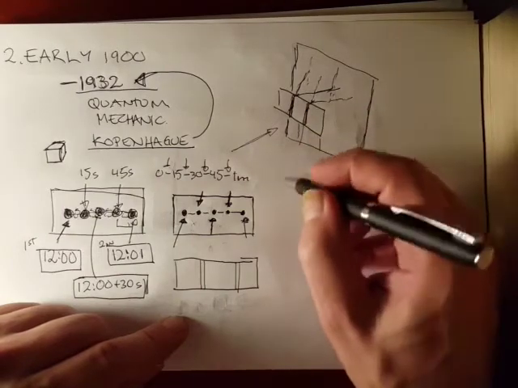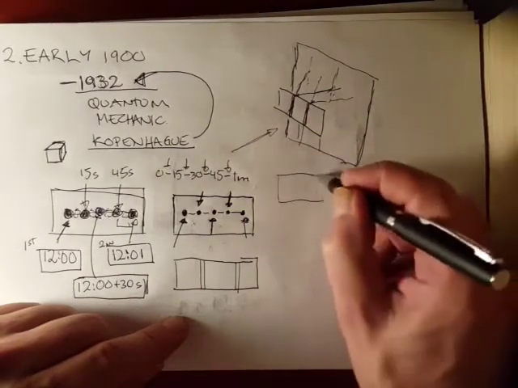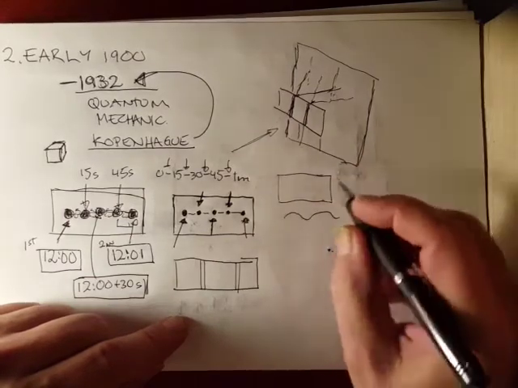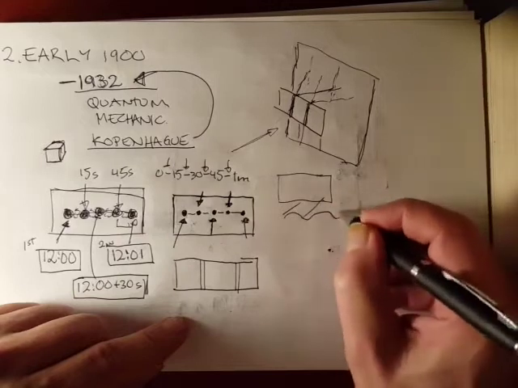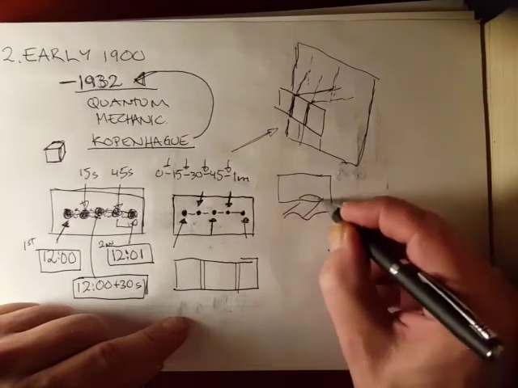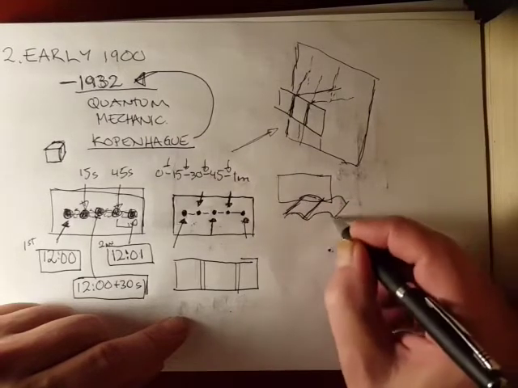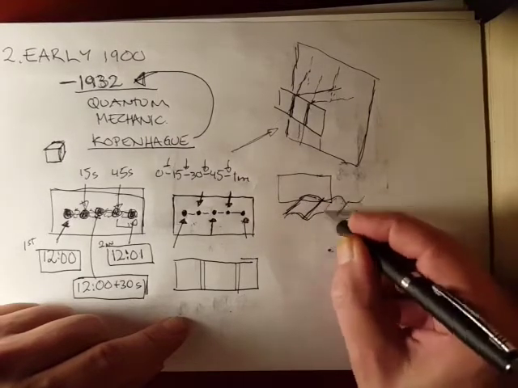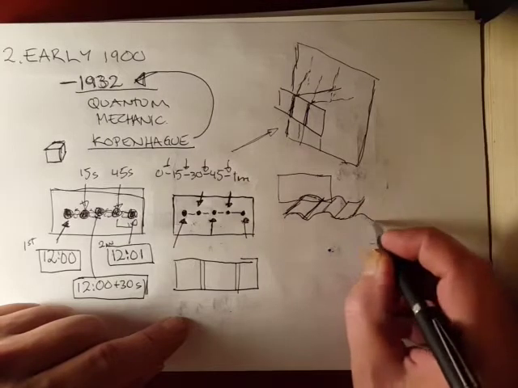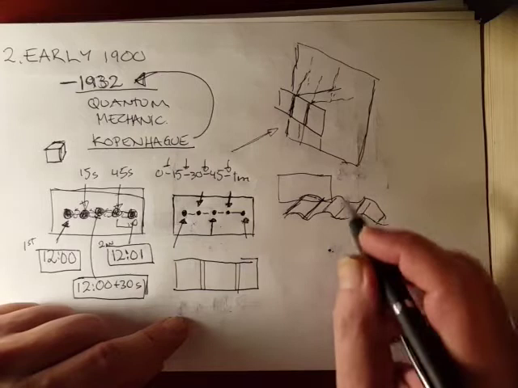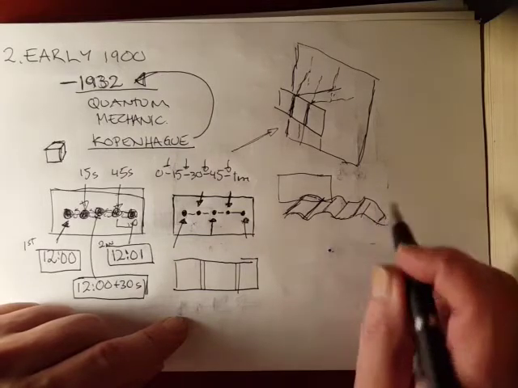And this is because if you think about light, it's a wave, and that wave is what we call a field. A field is a wave like this in 2 dimensions or 3 dimensions.